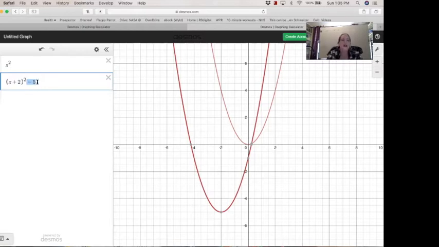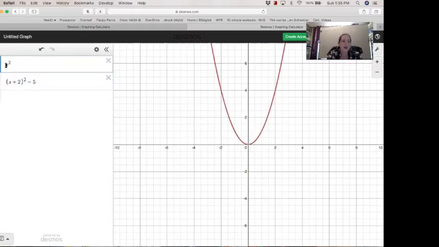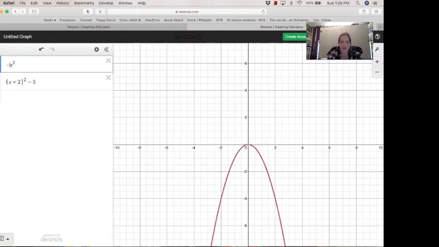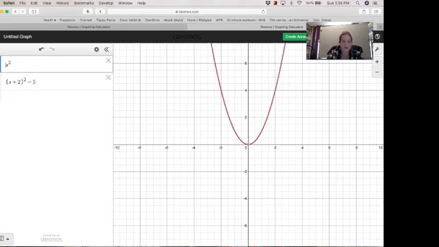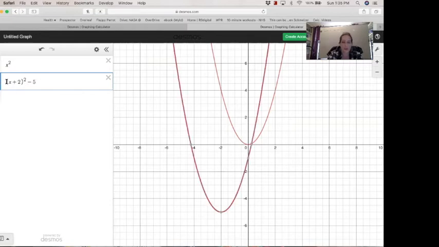The last thing I want to talk about with this is what happens when we throw a negative out in front. A negative is an x-axis reflection, meaning it flips our function upside down. So I throw a negative in front of this, it flips our function upside down. So negatives out in front flip our function upside down.